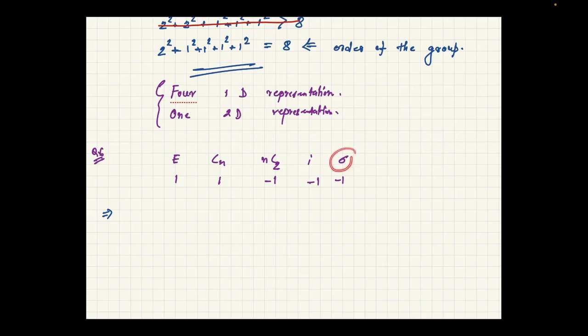Now we have to look for whether it is symmetric or antisymmetric with respect to this sigma h. It is antisymmetric with respect to this sigma, the character is -1. So that's why the Mulliken symbol will start with A2U double prime.